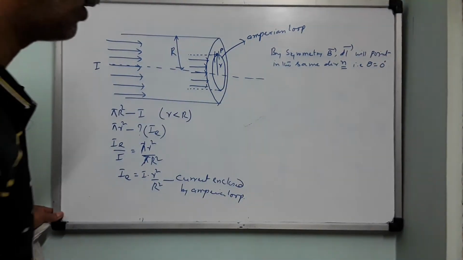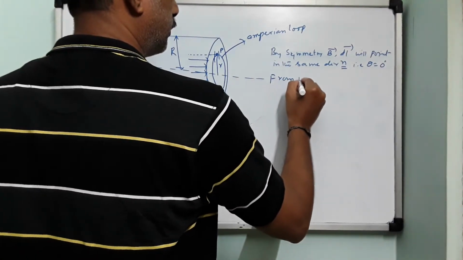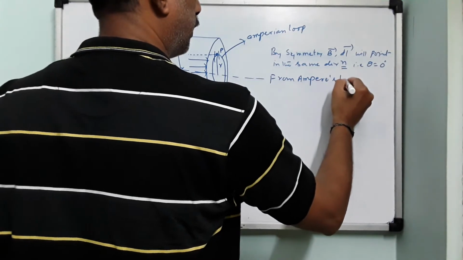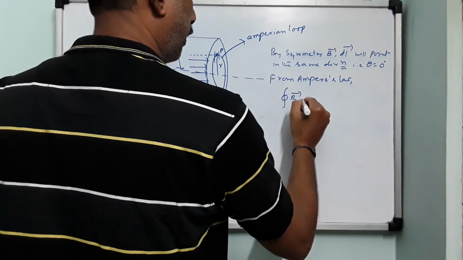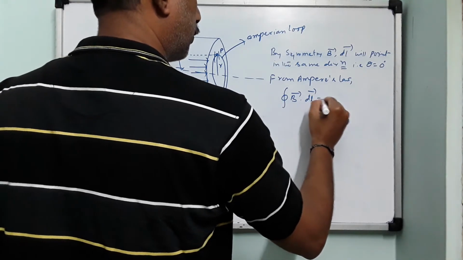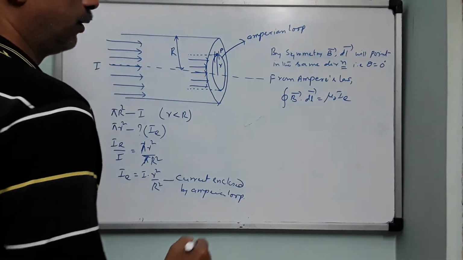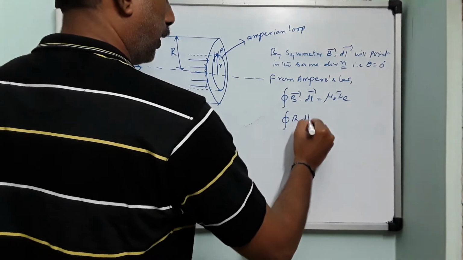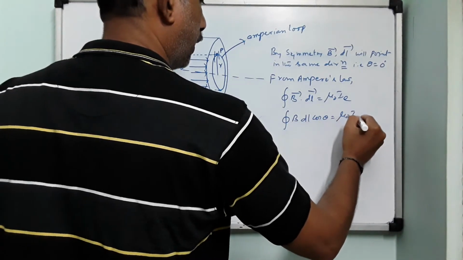Okay. Now, from Ampere's law, line integral B dot dl equals mu naught into IE. So this line integral B into dl into cos theta equals mu naught into IE.